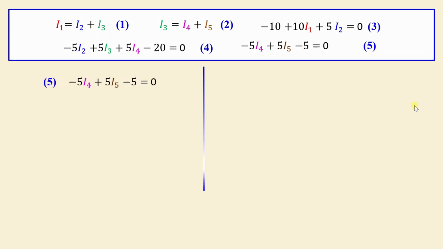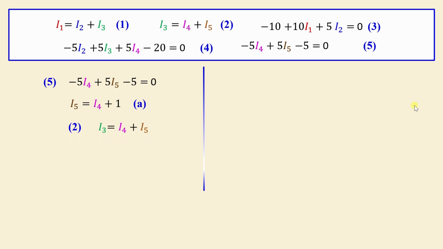Let's start first with equation 5. We have negative 5 I4 plus 5 I5 minus 5 is equal to 0. If we divide the whole equation by 5, we can write I5 in terms of I4. I5 is equal to I4 plus 1, and I will call this equation A.